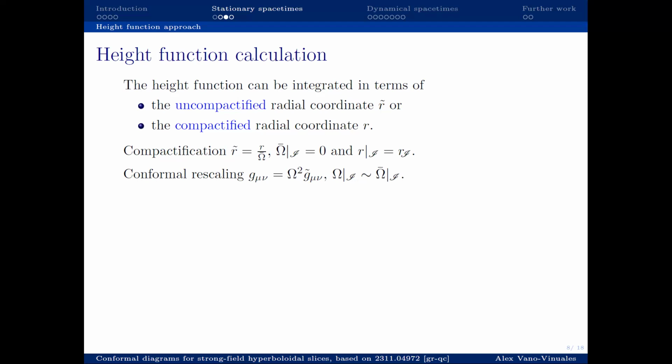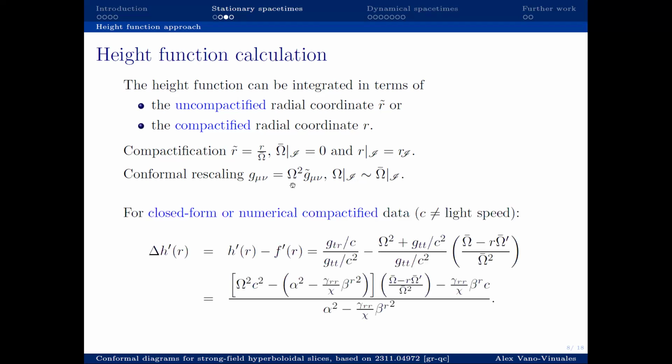And now, just to show you the most complicated expression I'm going to show today, there are more equations in the paper. This will tell us how to integrate the part of the height function which is non-divergent at the horizon, so the delta H, from taking our metric components, which may just be numerical data from the simulation.